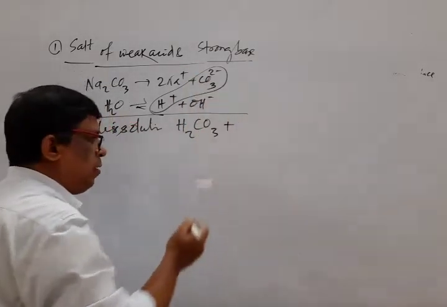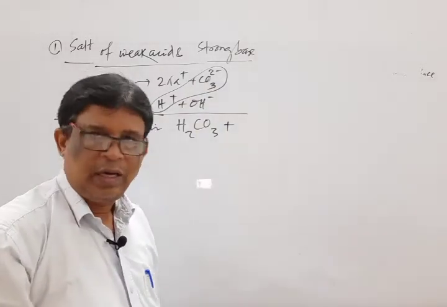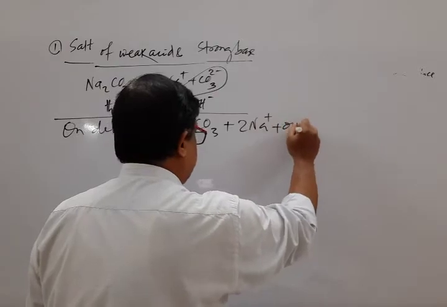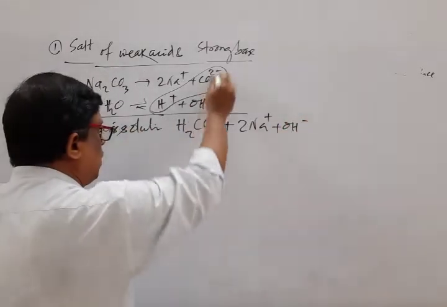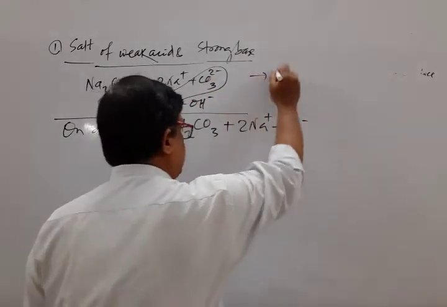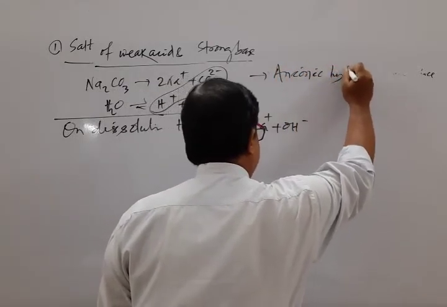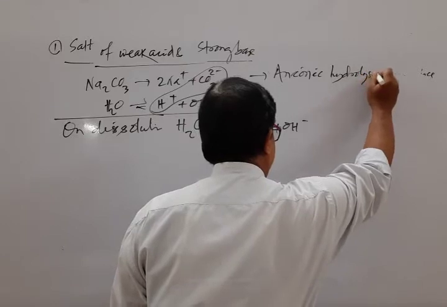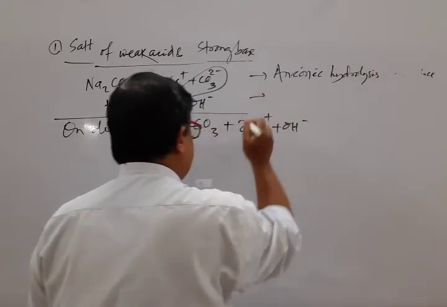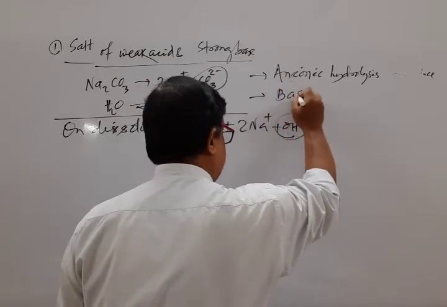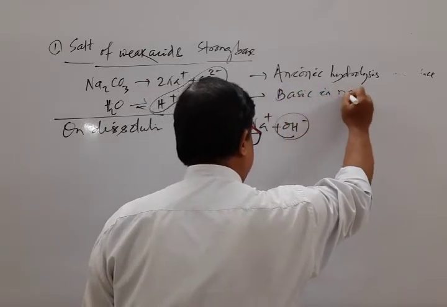The cation never combines because it forms a strong electrolyte. So what is formed? 2Na plus OH minus. So what we observe? Since the anion combines, it is known as anionic hydrolysis, and since free OH minus is there, the solution is basic in nature.